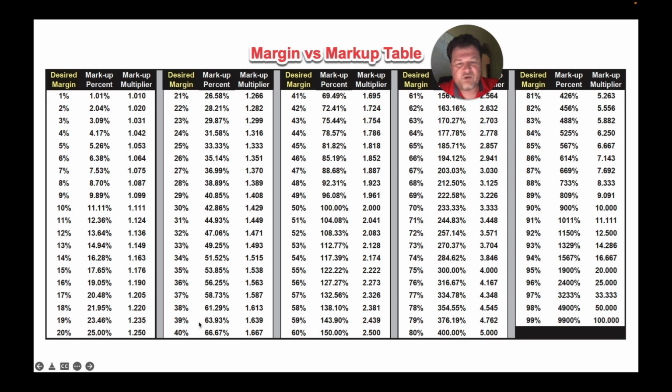Okay, so this is a quick table. If you're more comfortable with markups, just look at what margin you want. Let's say here 25% margin. I got to multiply my cost by 1.333. Okay, it's as simple as that.